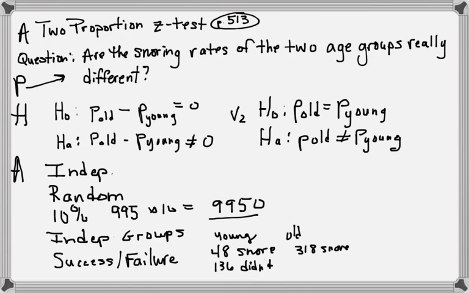The success or failure condition, remember, says that it's n times p and n times q have to both be greater than 10. But what is n times p? N times p is the number of successes, which is, in this case, that many people are snoring. And n times q would be the number of people that don't snore. So I'm just actually writing down the totals for each group. And let's see, we had 493 that did not.